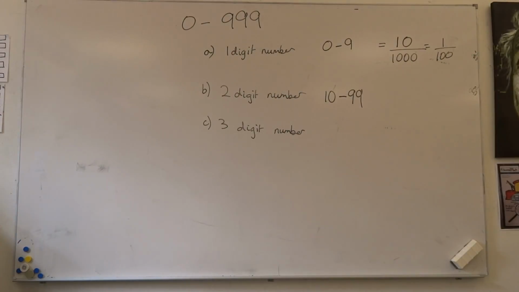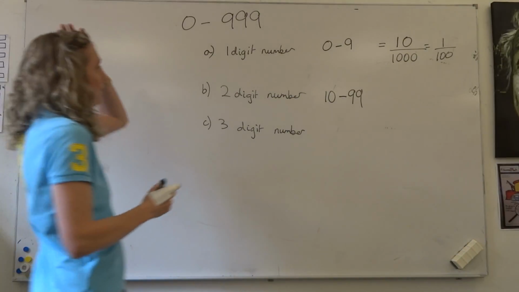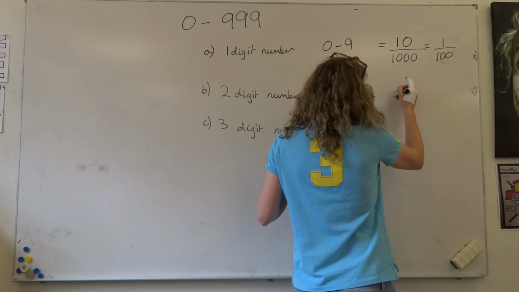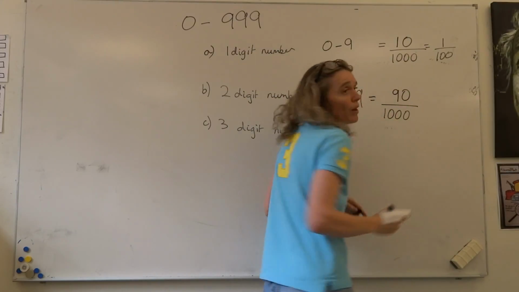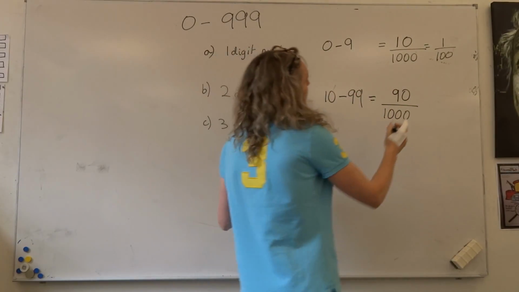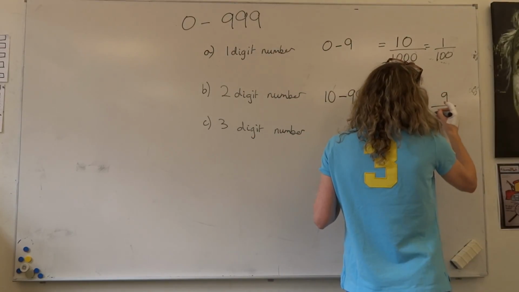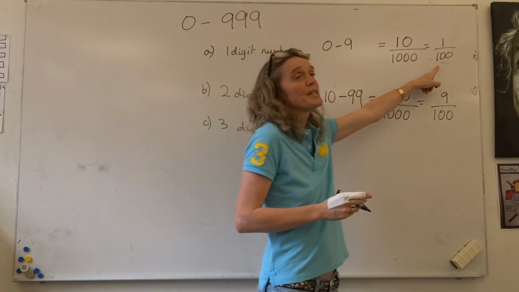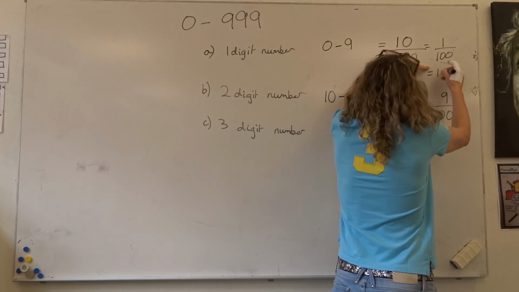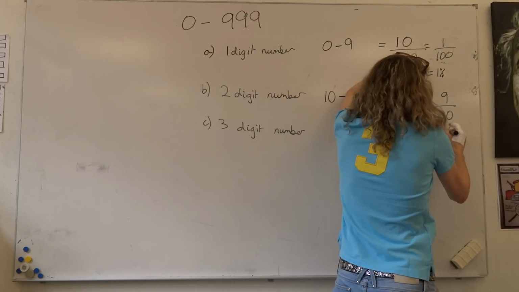Starting 11, 12, 13, etc. We would be getting 90 two-digit numbers out of the total number of numbers, which is 1000. So we would have 9/100ths. Okay? 1%, 9%.